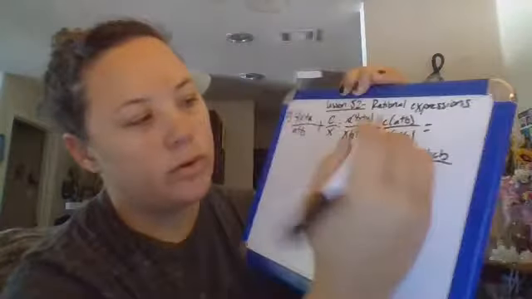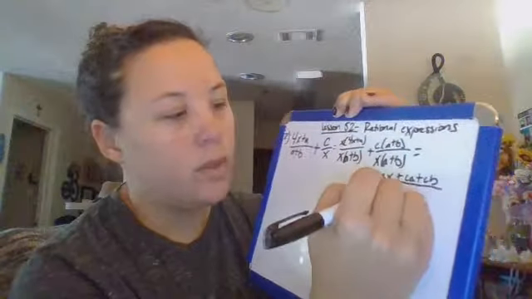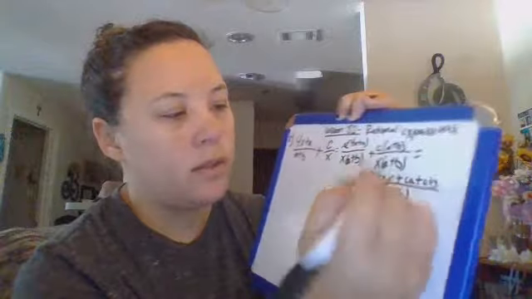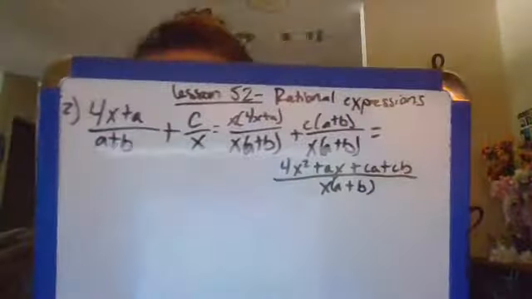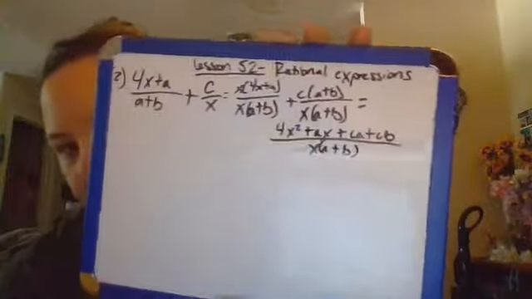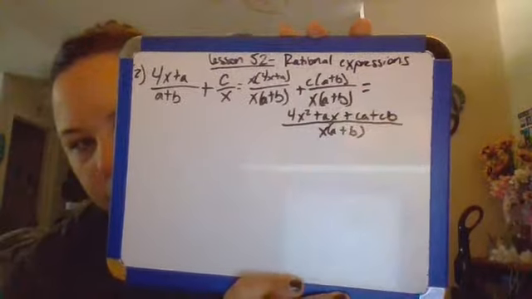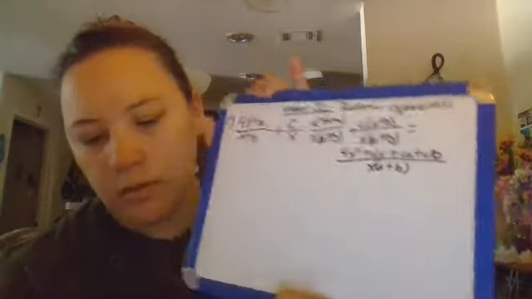It's all the numerators, over x times a plus b. That is a b.